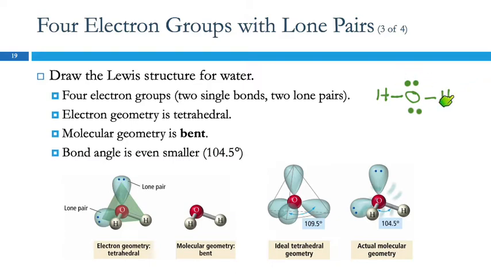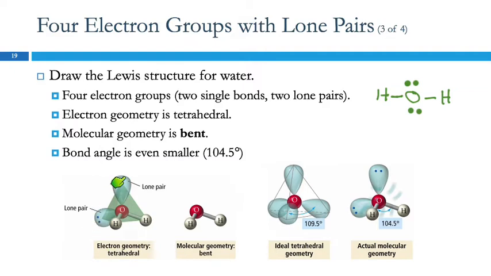When we look at the central atom, though, how many electron groups are there? 4. 4 groups makes a tetrahedron. So here is the 4 groups making a tetrahedron. This is the geometry of the electron groups.